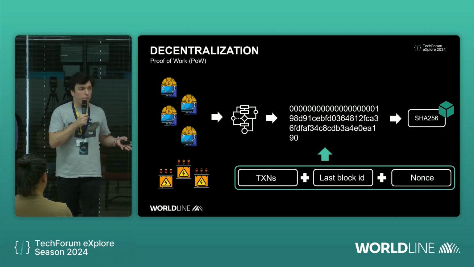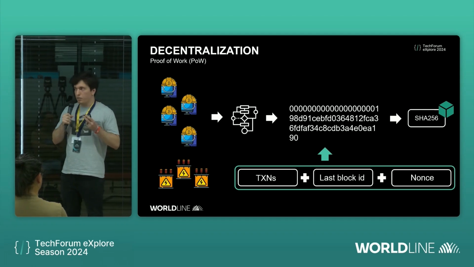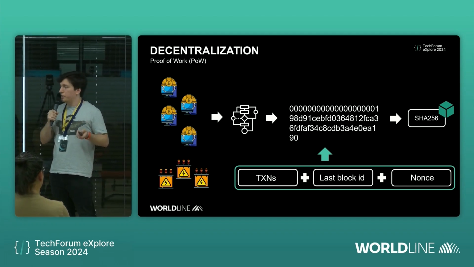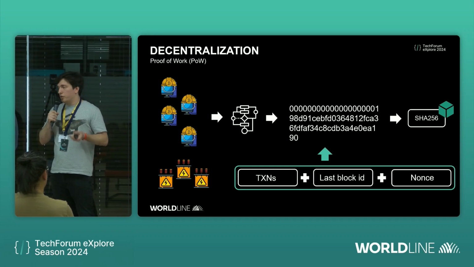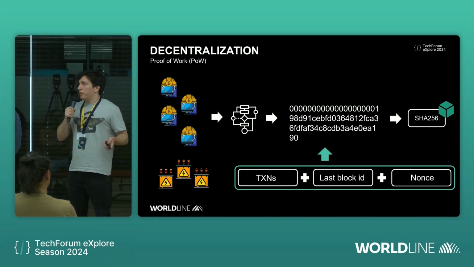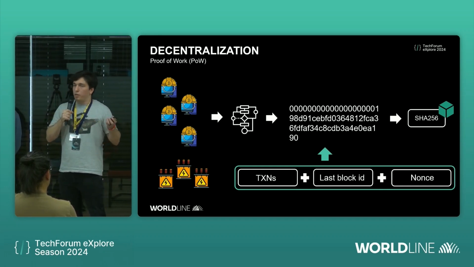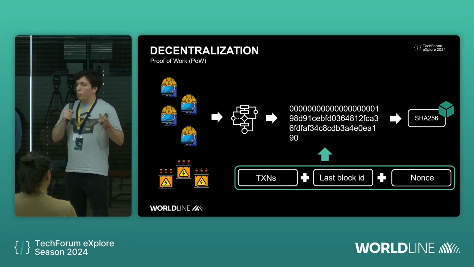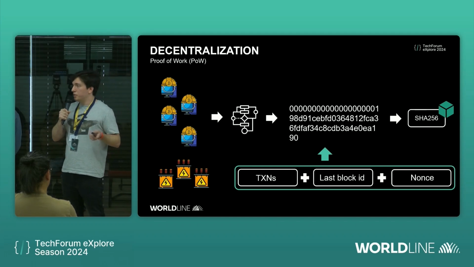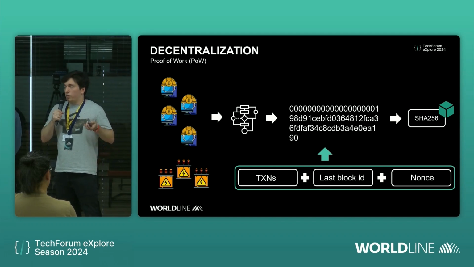Once the miner finds this new hash ID, it is sent to all the other nodes in the network, and if they validate it, the network will award the miner that found the hash ID with the currency of the blockchain.